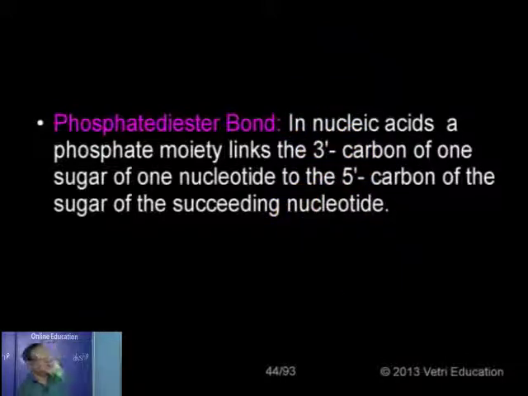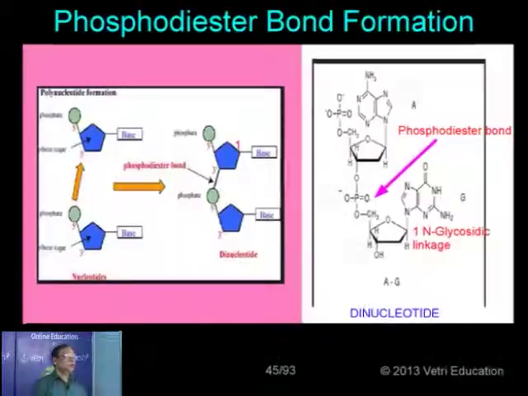So in nucleic acids, normally you have this phosphodiester linkage or phosphodiester bond. In a nucleic acid, a phosphate moiety, that is a phosphate group, links the third carbon of one sugar of one nucleotide to the fifth carbon of the sugar of another nucleotide. And you can see this here.